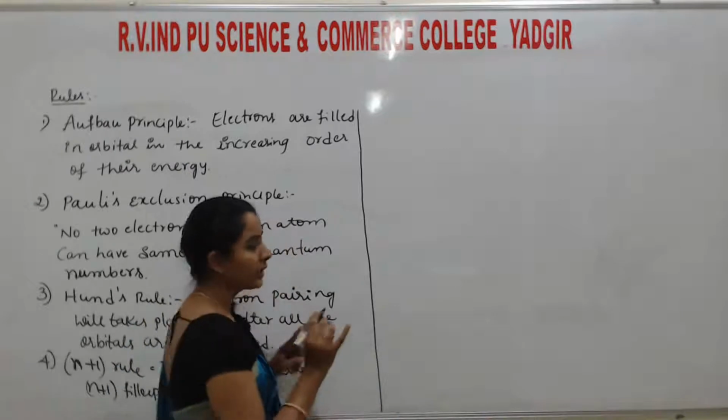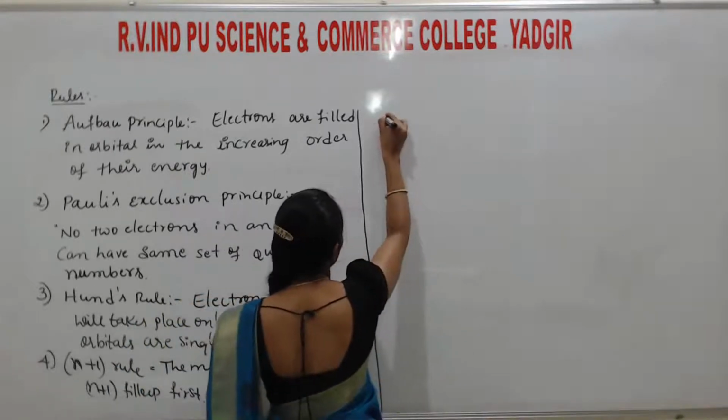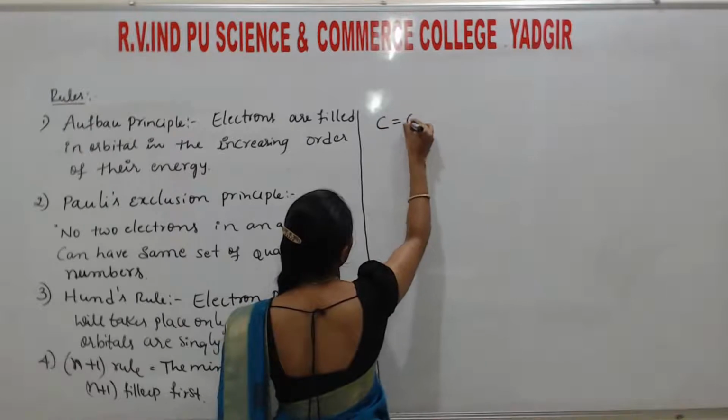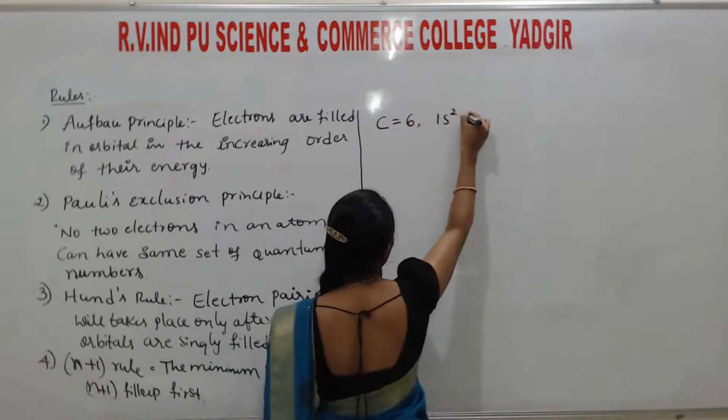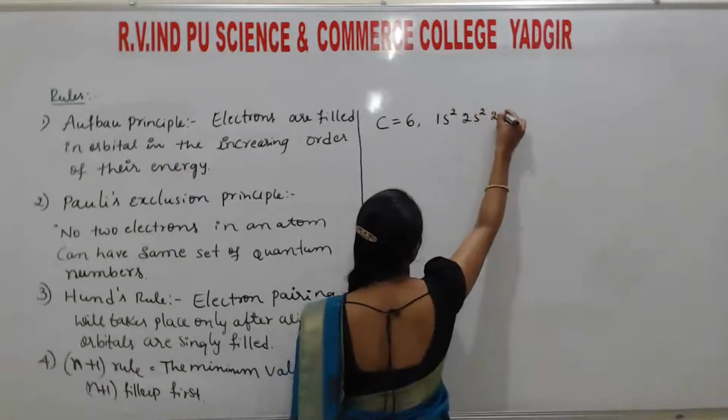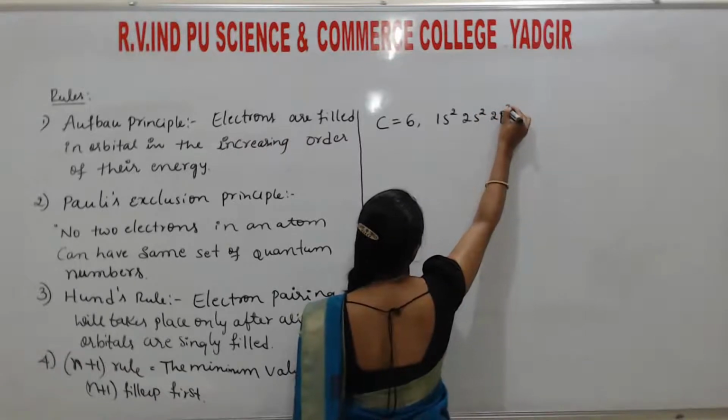Okay, students, I'll take the example of carbon. Its atomic number is 6, and its configuration is 1s2, 2s2, 2p2.